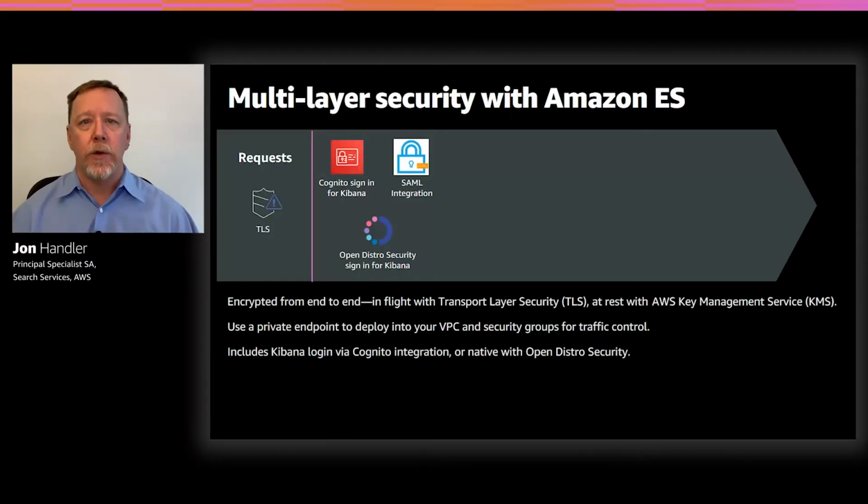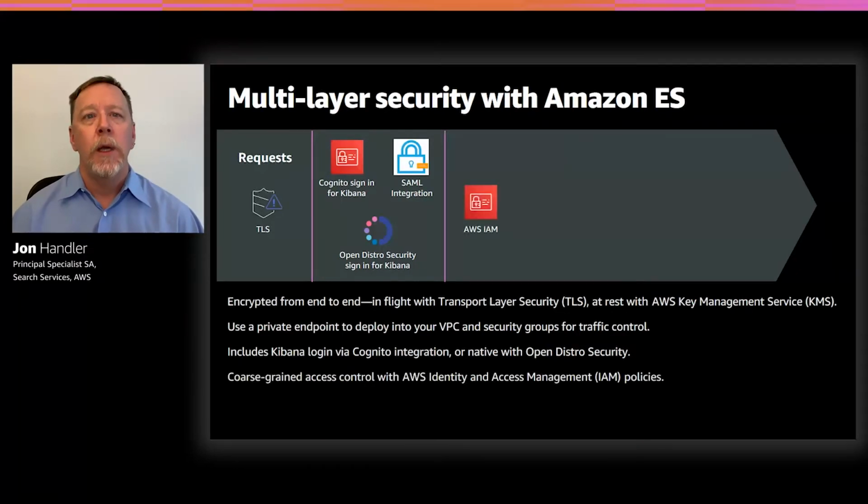Finally, we have our Open Distro for Elasticsearch security plugin. This is going to provide you with a login experience that's a username password that you manage within Amazon Elasticsearch service. If you're using direct to API and you're using AWS SigV4 signing, that would also back into an IAM user or role.